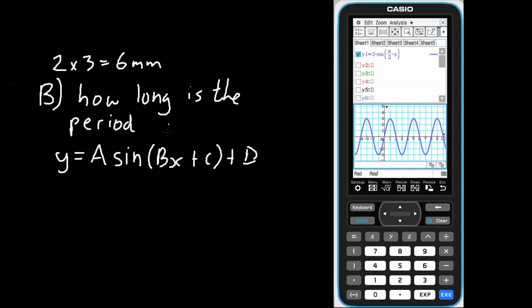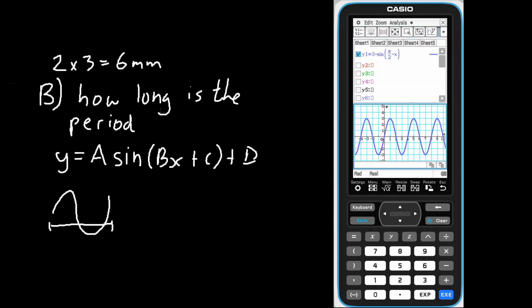What we can say here is that a is our amplitude, b can tell us our frequency or period. There's this special equation where you can say T, which is the period, how long does it take? If we have a sine wave like this, we're asking how long does it take to complete one? How many seconds?